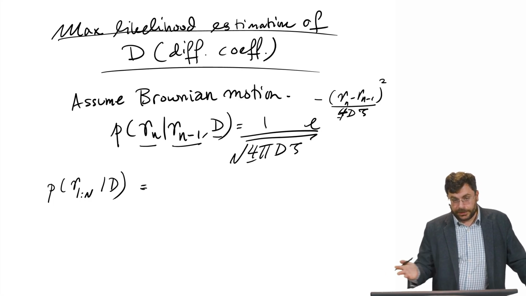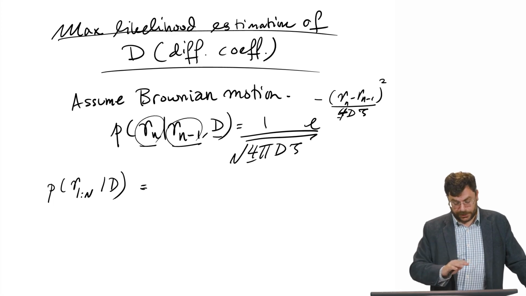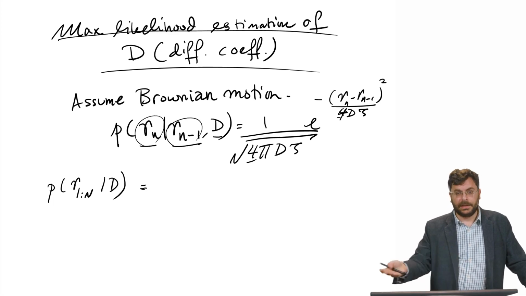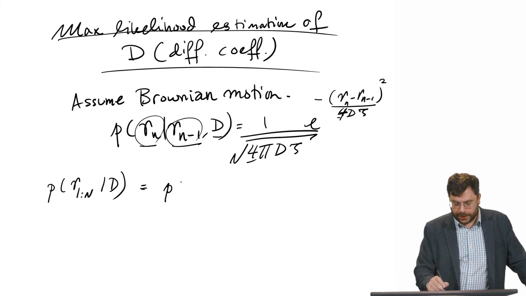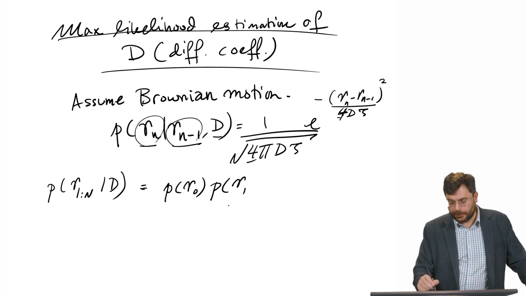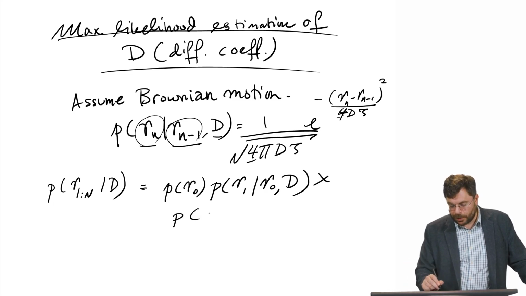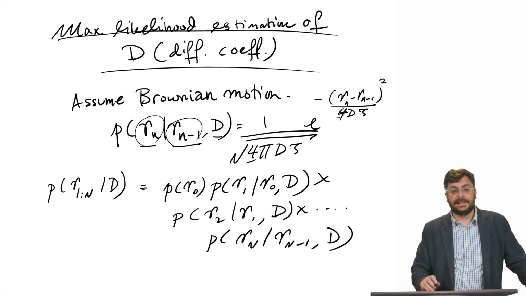If my diffusion is a Markov process, which it obviously is, because my future position depends only on where I started from, not three steps behind, then in principle I can rewrite this as the probability of my initial position multiplied by the probability of my first position given my initial position and diffusion coefficient, multiplied by, all the way out, R2 given R1 and D, and R n given R n minus 1 and D.